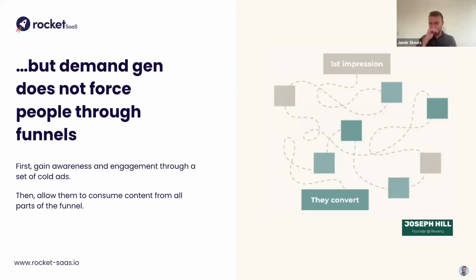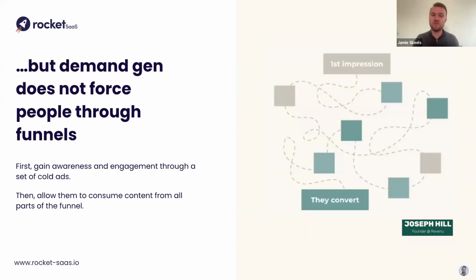So if we accept that, we accept that the buyer ultimately is going to come inbound when they're ready. They're going to push themselves in market themselves. We can't force that. So the whole point of demand gen is that we serve the content to them and let them self-serve and dip into the content that's relevant for them. We can't really understand what stage they're at. But ultimately, we can stay top of mind with them.